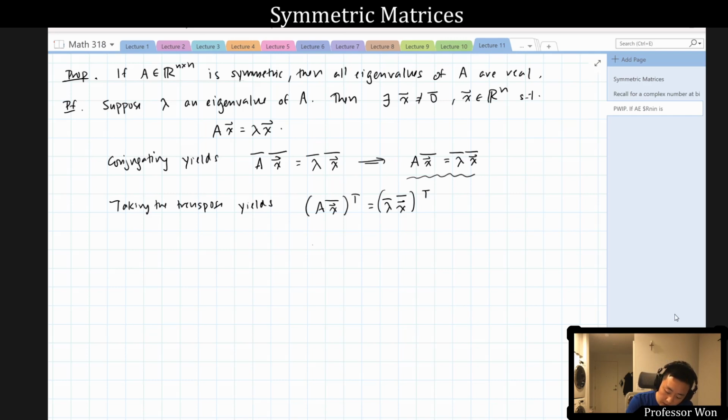So this becomes x bar transpose A transpose, and on the right, it's a scalar times a vector, so this is still lambda bar, but times x bar transpose. Because A is symmetric, this was because A is real, but now because A is symmetric, A transpose is just the same thing as A. So this is x bar transpose A equals lambda bar x bar transpose.